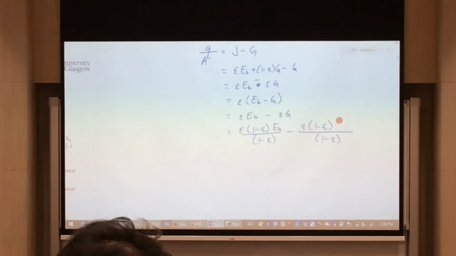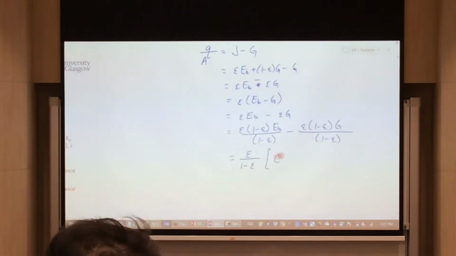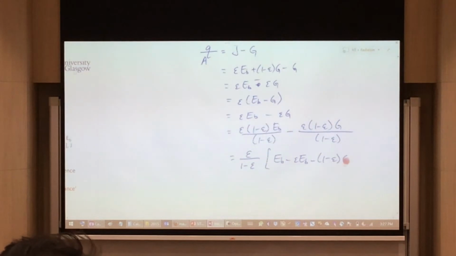So I'm not really including anything different from the previous line. But why I'm doing that is because I want to bring out a common factor. This common factor is epsilon over 1 minus epsilon. And whatever that's left in there, I'll multiply it. And I get the following term. 1 minus epsilon G.